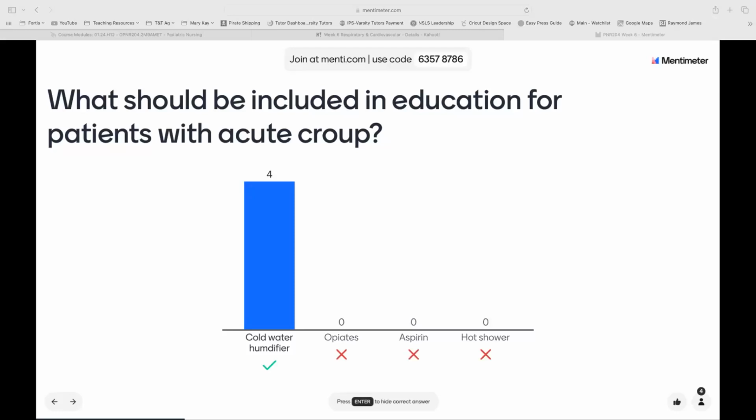So we definitely want a cold water humidifier so that we're relaxing those airways. Opiates are going to decrease our respiratory drive. Aspirin, if we give aspirin anytime we have flu-like symptoms, we can cause Reye syndrome, so that needs to be avoided. And then we want that cool water to promote that vasoconstriction so that everything opens up nicely for us.